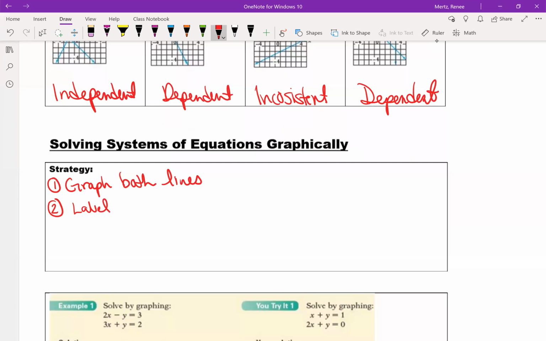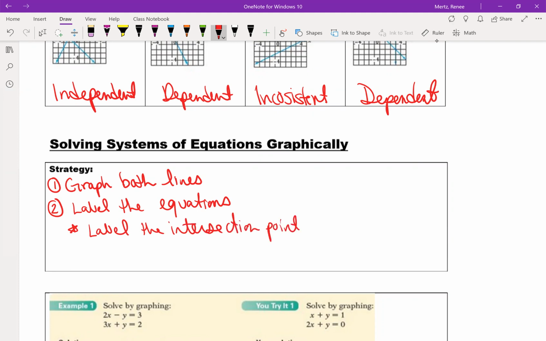So we want to label the equations, use the original, and label the intersection point, x y. That's the answer.